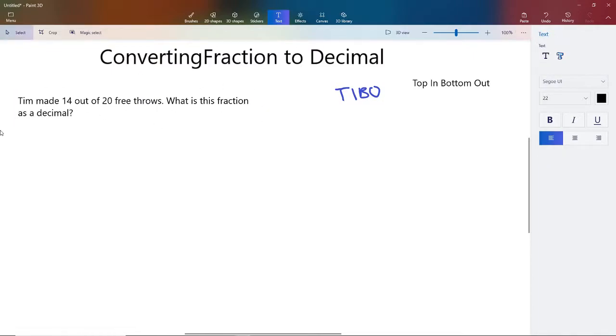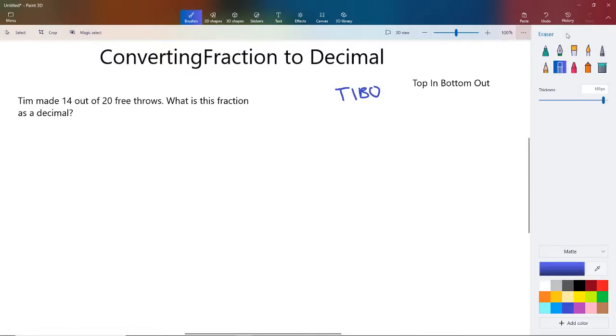So this is a question that you could easily get on a test or a quiz. So when I see 14 out of 20, I'm automatically thinking fraction. I'm thinking 14 over 20. And then it wants us to turn this fraction into a what? It wants us to turn it into a decimal.